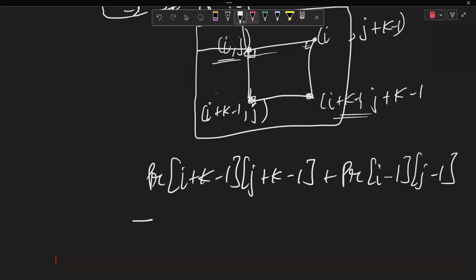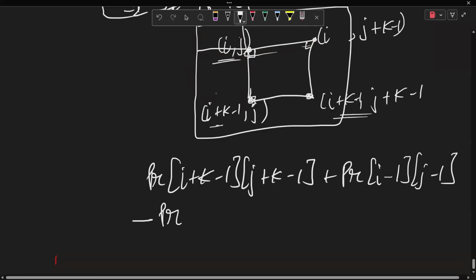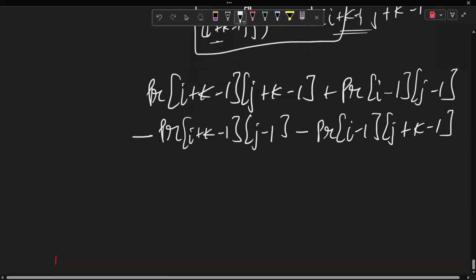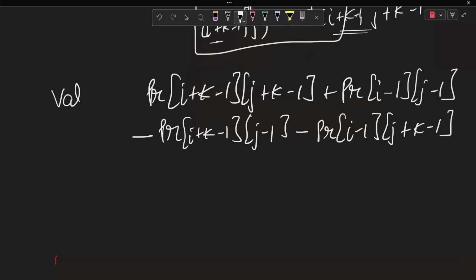So this thing would be prefix of i plus k minus 1 and j minus 1, just before this we are subtracting, and minus prefix of i minus 1 and j plus k minus 1. So this would be our value for the i, j to i plus k, j plus k, the k cross k rectangle. The value that we get would be this thing.